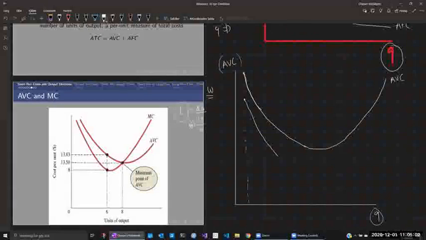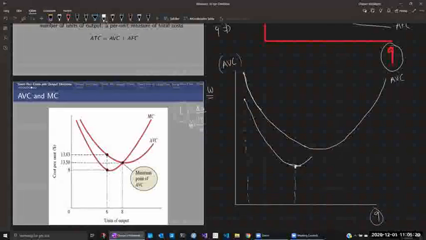After some point, exactly when the productivity of labor starts to decrease, when it goes back to the decreasing rate, then the marginal cost starts to increase.